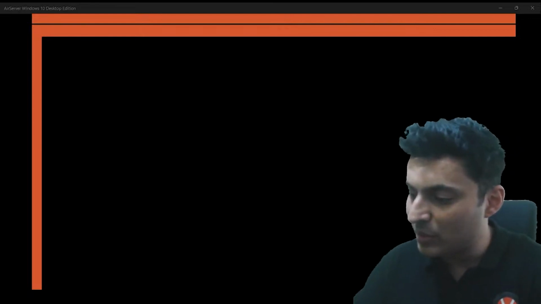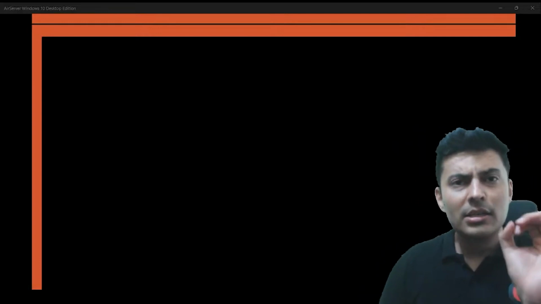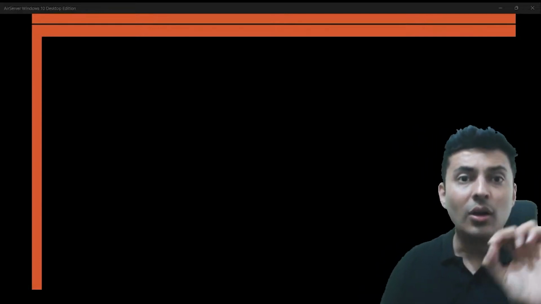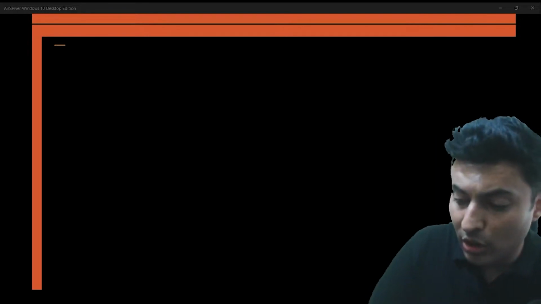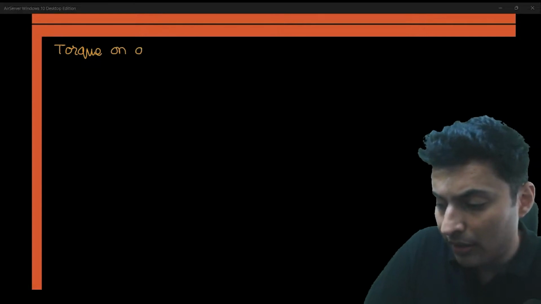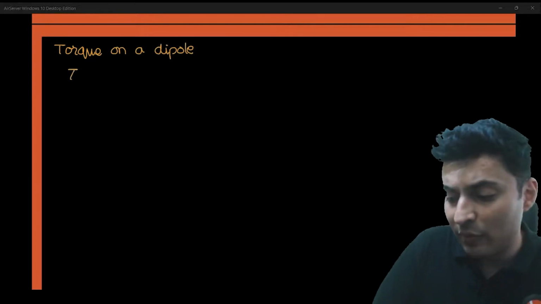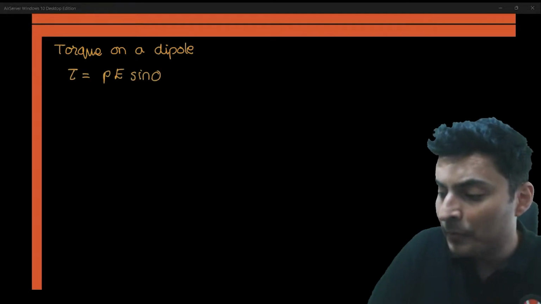Next important graph with regards to electrostatics is for the torque or the energy on a dipole. Remember, the formula for the torque on a dipole is PE sine theta.